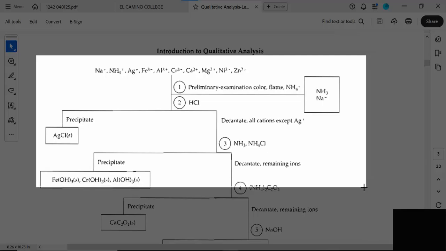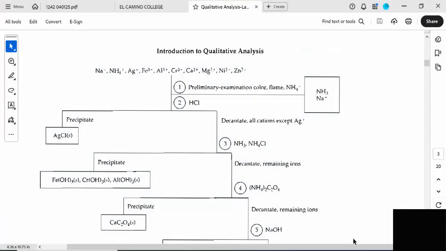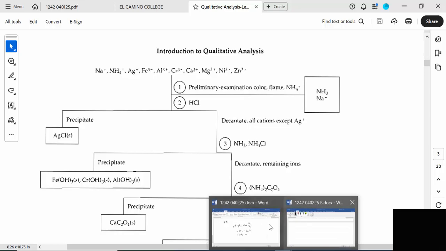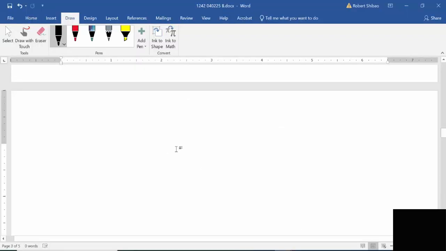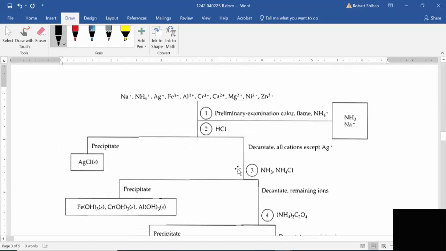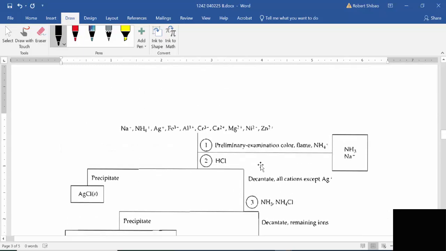Has everyone done qualitative analysis before? Okay. And so we're just going to use chemical tests to determine what's present. And so to speed things up, I would either copy this by hand or copy it and tape it or paste it or glue it into my notebook.